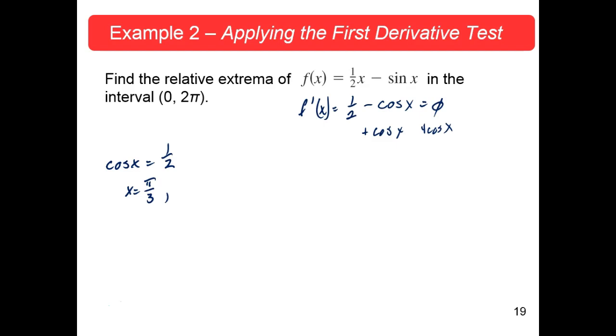The bottom is 3 over 2 pi. So the next one would be... 9 over 6? Is it 11 over 6?